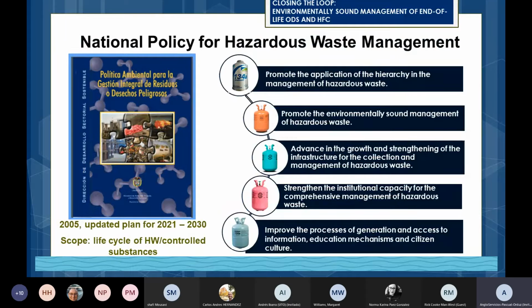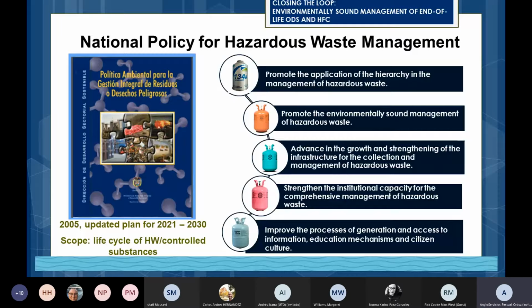The first national policy that we based on was the National Policy for Hazardous Waste Management. This policy was passed in 2005. It is being updated at the moment, and we are preparing an action plan for the 2021-2030 period. I shall mention here that this policy includes and takes into account all the stages of the substance life cycle. The main objectives of this policy are five.